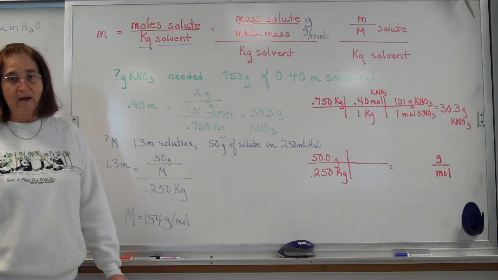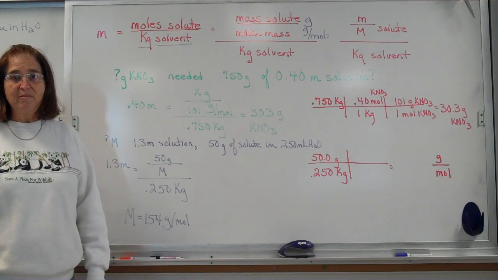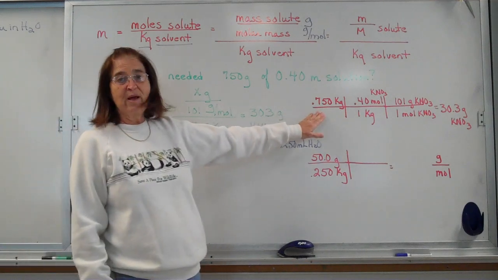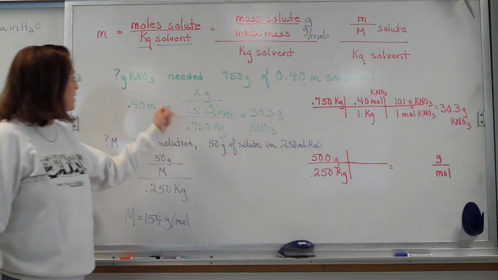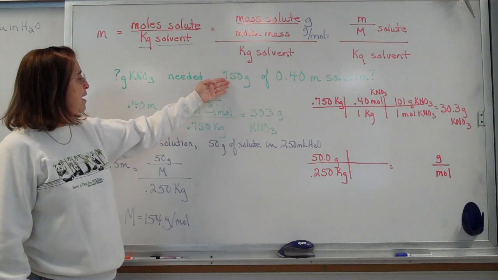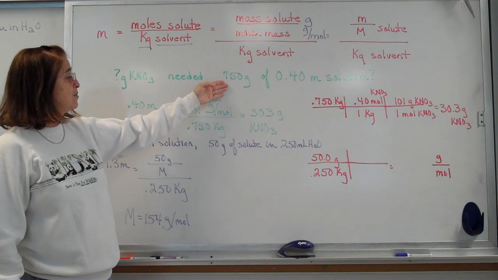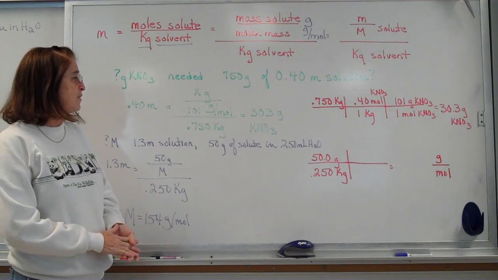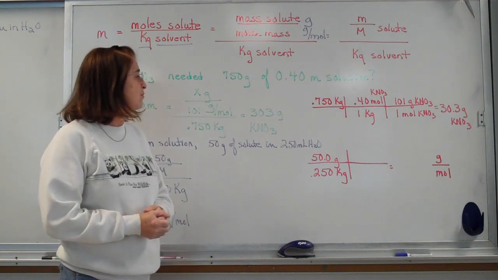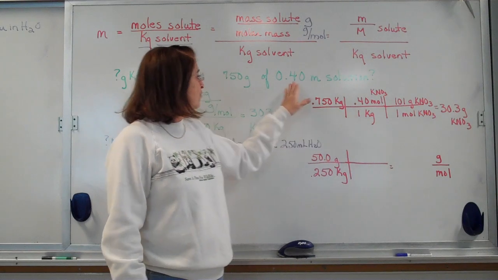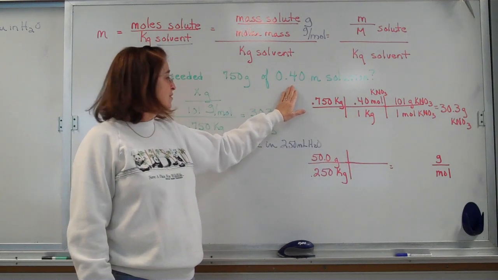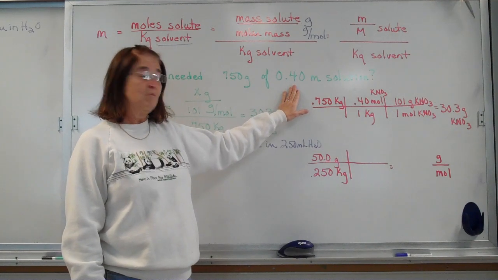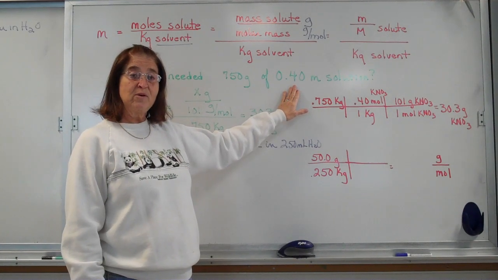I think there's a better way of solving this problem and a way that you will find helpful moving forward. Let's look in red. The number that I'm being given is that I have 750 grams or 0.750 kilograms of solution. So I can factor label. I know from this statement that for every kilogram I'm going to have 0.40 moles of KNO3.